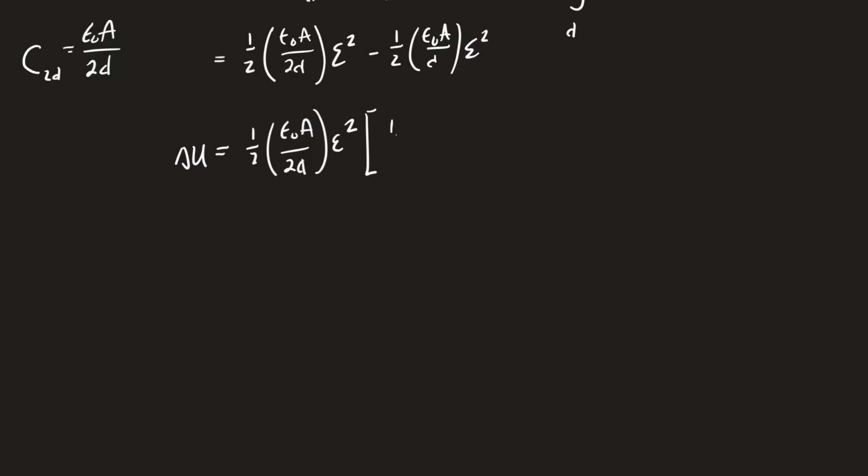Yeah, 1/2 minus 1. Which gave us negative 1/4 epsilon naught A over D. I'm sorry, I factored out the 2D there. I meant to factor out just the D, because that was the part of the term that was the same in both. That was calculating delta U directly.